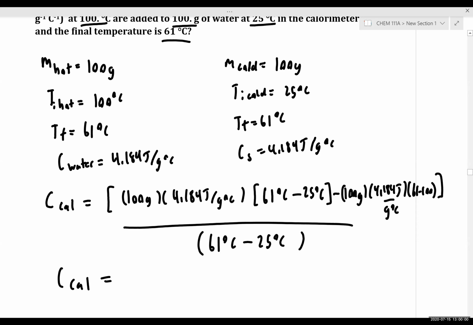We have 100 times 4.184 times 61 minus 25, minus 100 times 4.184 times 61 minus 100. And then we're going to take our answer and divide it by 61 minus 25.